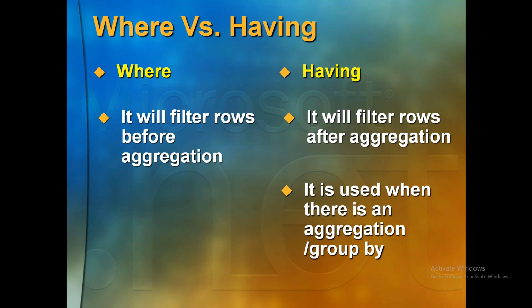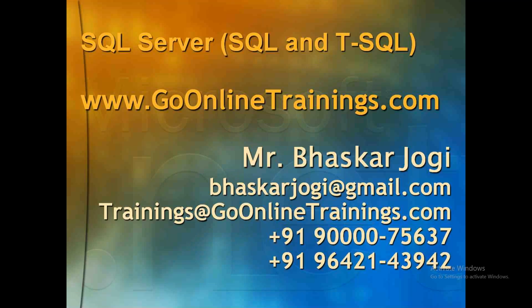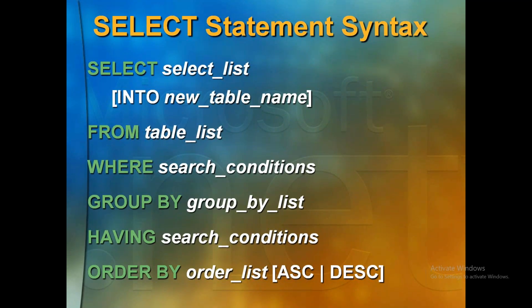So having clause should have only 5 columns: sum, min, max, average, count star. Only these columns have to be there in the having clause. So not having product equals to FD. So like that you must not write in your having clause. Clear, guys? And this is the complete syntax of query.